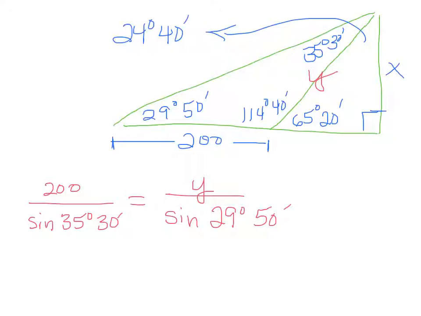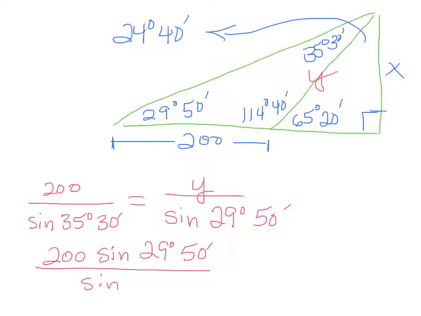With a little cross multiplication, we're going to do 200 times the sine of 29 degrees 50 minutes, divided by the sine of 35 degrees 30 minutes, to solve for y. Put that into your calculator and you should get a decimal value of 171.3367, and it does keep on going. Don't erase that from your calculator. I'm just going out 4 places so that you can see what that is.